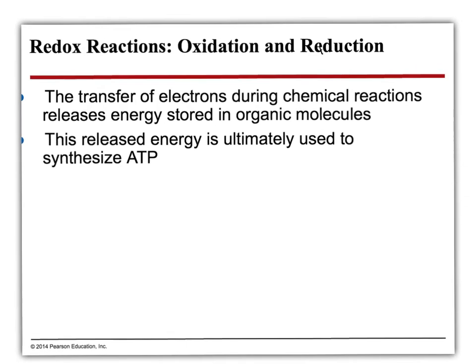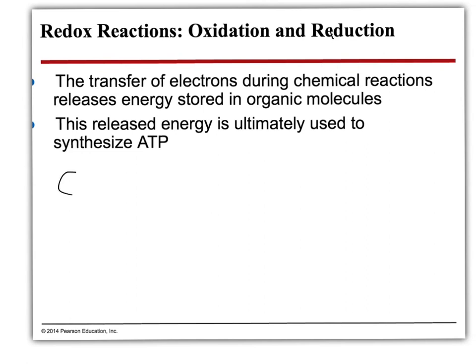And you remember, I'm sure you've seen this, your OIL RIG. Oxidation is losing electrons. So if something's being oxidized, it is losing an electron. That electron has to go somewhere, right?